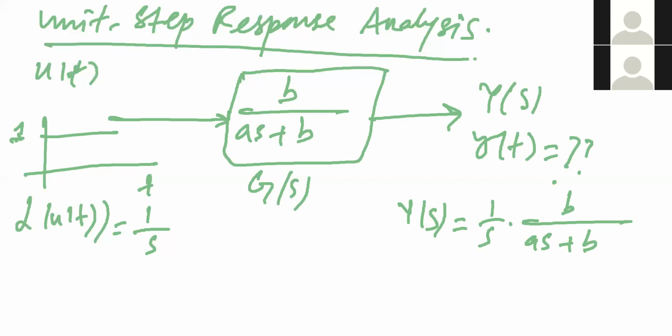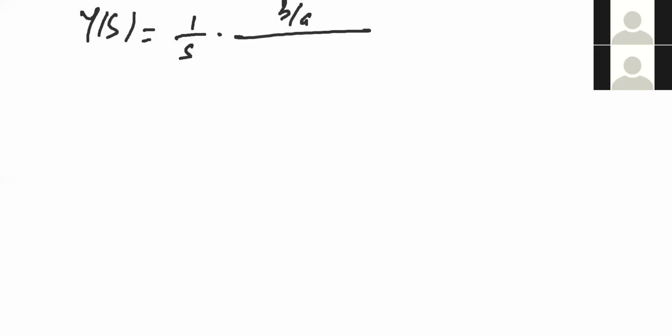Let us expand this output function. We just found out that Y(s) is equal to 1 over s, and then let's simplify this function G(s), which will be equal to (b over a) divided by (s plus b over a).